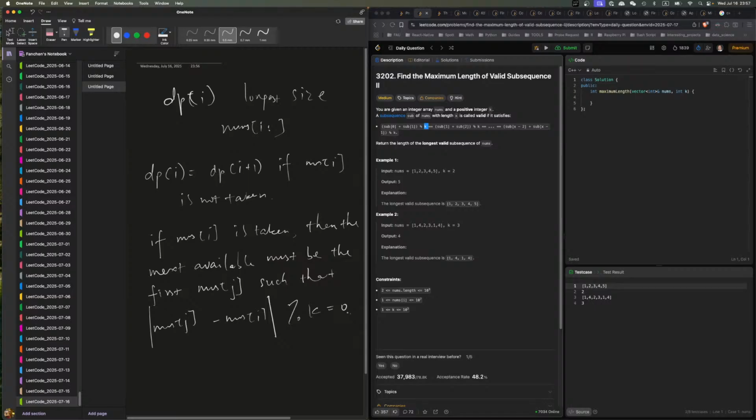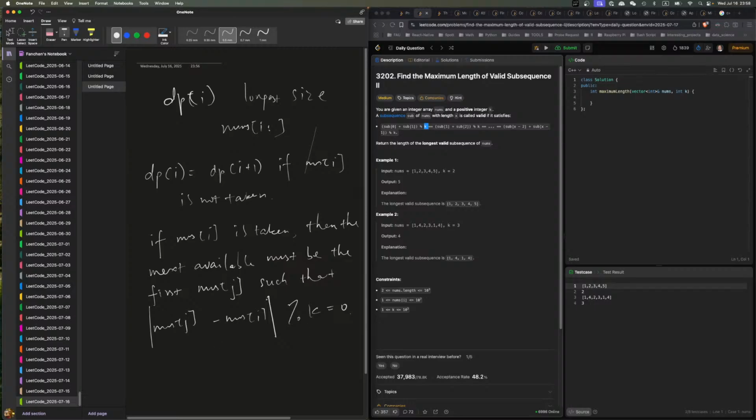I wonder if this is correct, because greedy tells us this is the best strategy. But that's not true, because once we find this, we need to find somebody in between, right? We need to find somebody in between. Yeah, I don't think this one works.